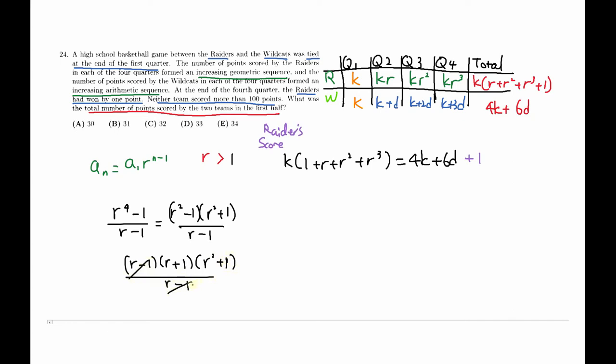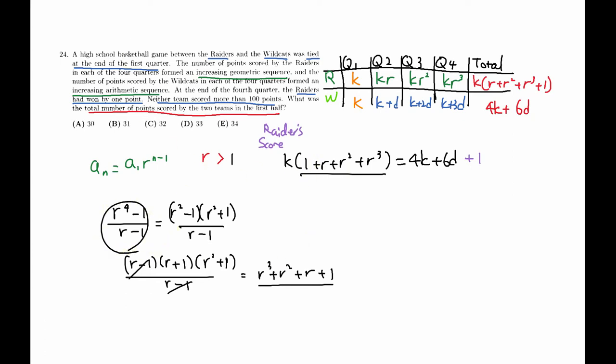Notice how the r minus 1 cancels out, and when you factor this out you simply get r cubed plus r squared plus r plus 1, which is equal to that expression, so I can replace it. Let me write it down: k times (r to the 4th minus 1) over (r minus 1) equals 4k plus 6d plus 1.